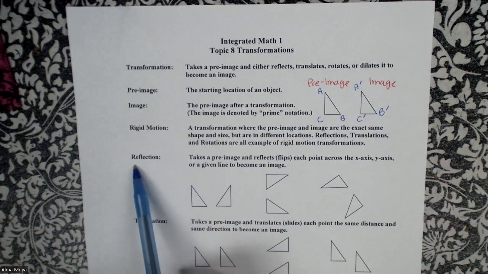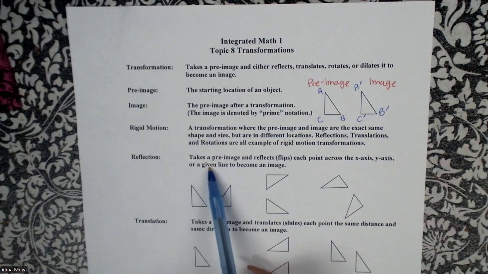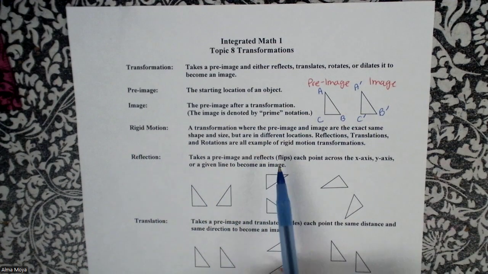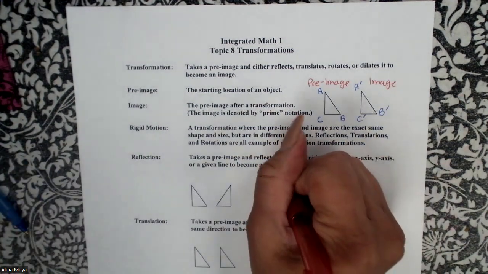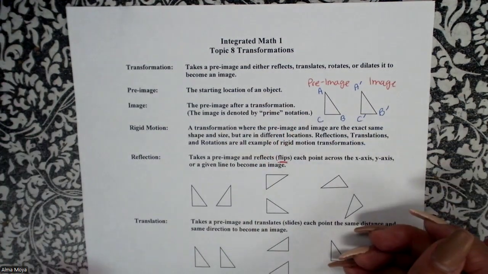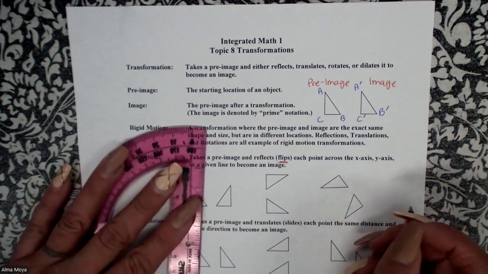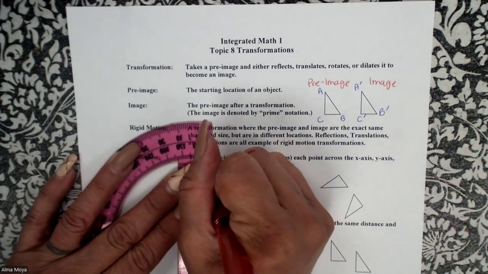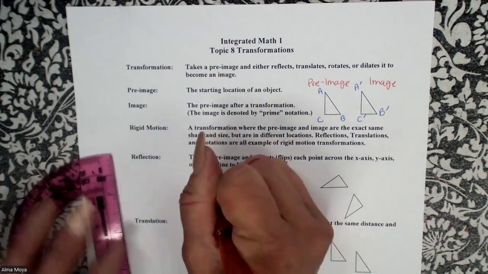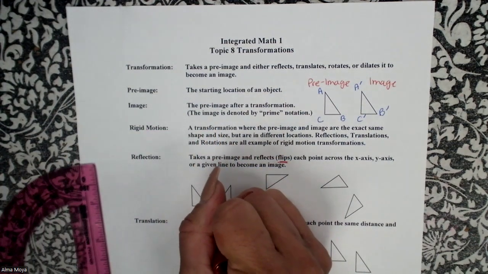The first one is going to be a reflection. A reflection is a pre-image that reflects, which flips. So it flips each point across the x-axis, the y-axis, or a given line. So in this case, this would be like the y-axis right here, because the y-axis goes up and down.